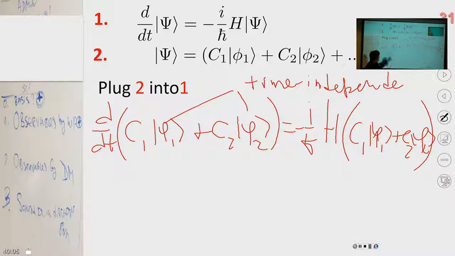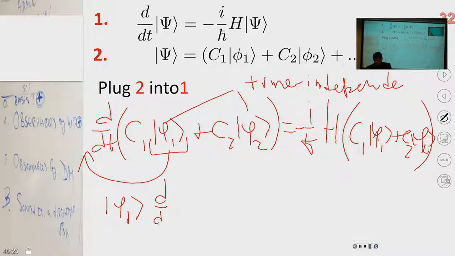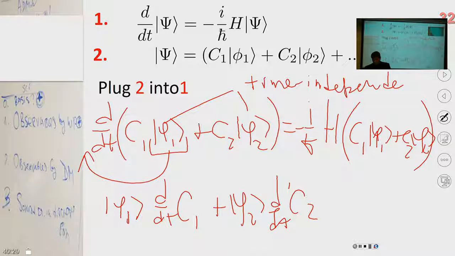And if they are time independent, we can put them in front of the derivative operator. Phi1 times d dt c1 plus phi2 d dt c2, all right? Equals same as was here.